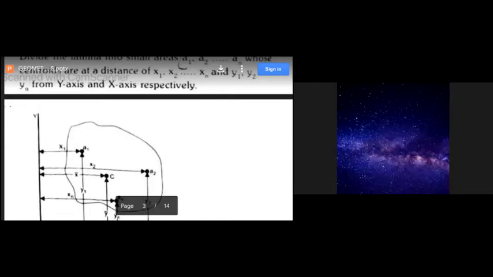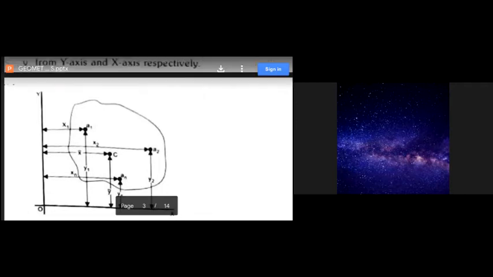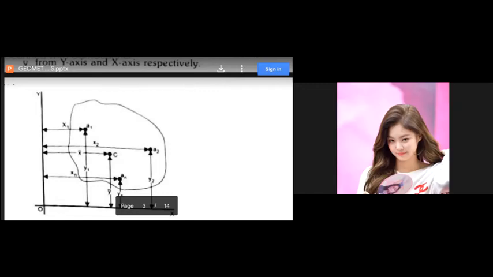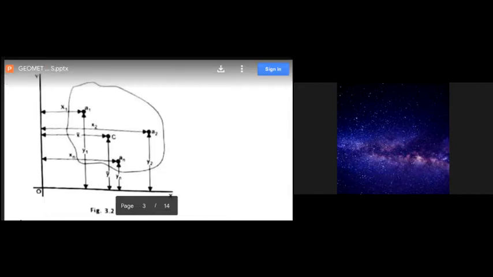Let us assume A1 lies at a distance of y1 from the x-axis and a distance of x1 from the y-axis, and A2 lies at a distance of y2 from the x-axis and x2 from the y-axis. Similarly, AN lies at a distance of yn from the x-axis and xn from the y-axis.